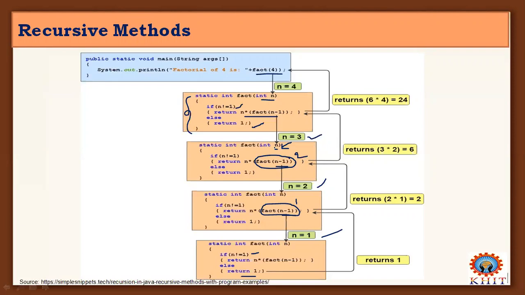Here n is 3, and 3 into 2 is 6, so it returns 6, like that. Then 24 returns. So finally fact of 4 is 24. This is the tracing and execution process of the designed program for finding the factorial of a given number.